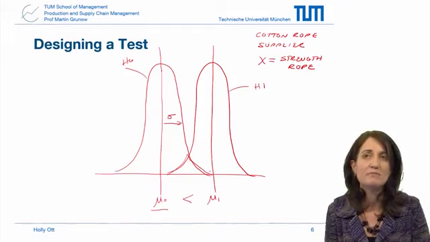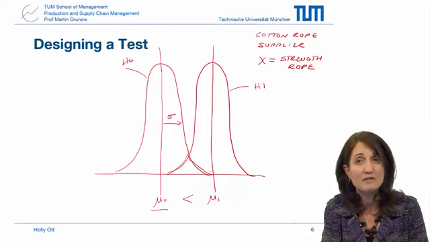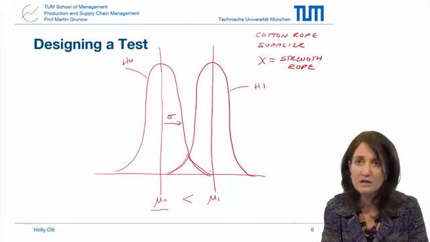And we will choose an alpha level such that the probability of the type 1 error occurring is contained within a small specified value, alpha. And this means that the probability that we will accept the claim of the supplier and reject our null hypothesis, when in fact the null hypothesis is true, will have a very small probability.